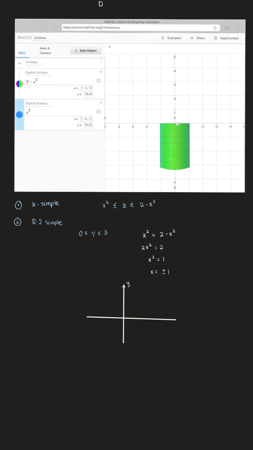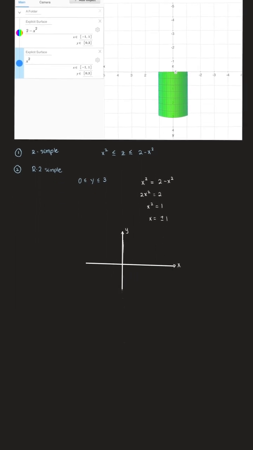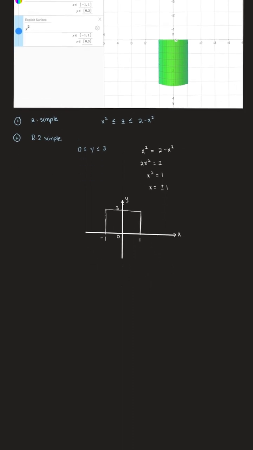So here's y and x, and again, we could choose y simple or x simple, it really doesn't matter. I know that y is between 0 and 3 since that was given to us. x is between -1 and 1. We see it in the diagram, and we also found that by intersecting our two curves. So we have a little rectangle on our xy plane. Sorry, it's a little bit crooked here.